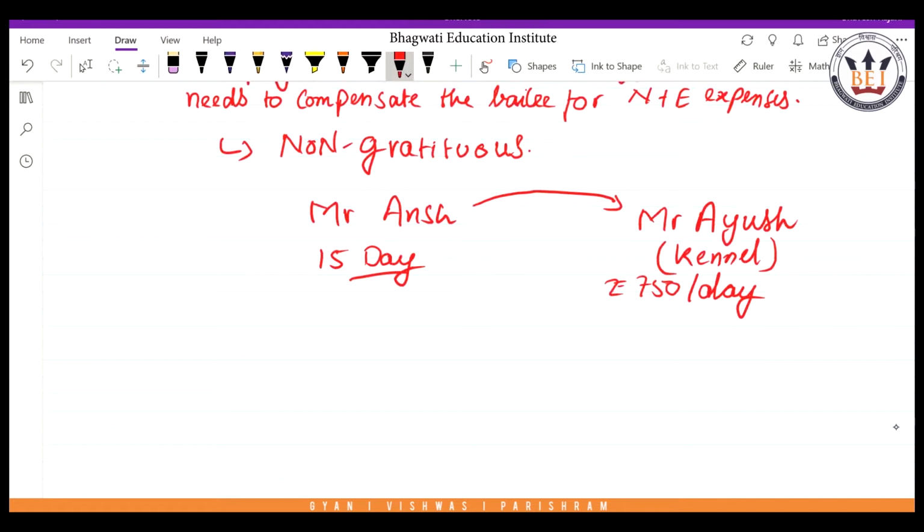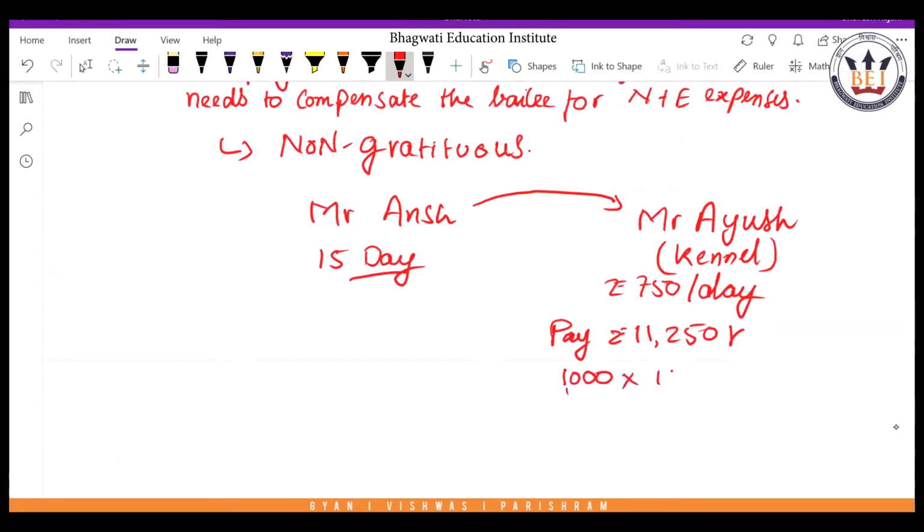So Mr. Ansh is liable to pay how much? 11,250, I think so. So Mr. Ansh has to pay 11,250 rupees over here to Mr. Ayush. Fair enough. Let us say Mr. Ayush had no clue about the appetite of the dog. This guy is real hungry.